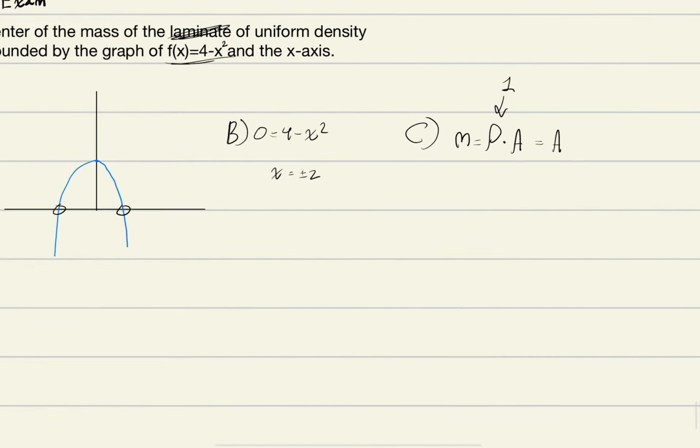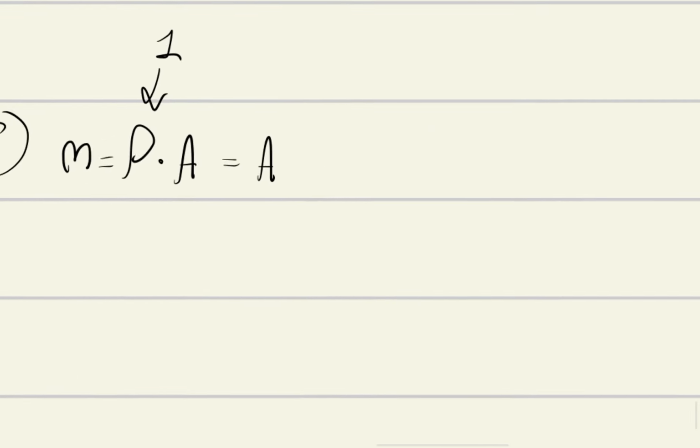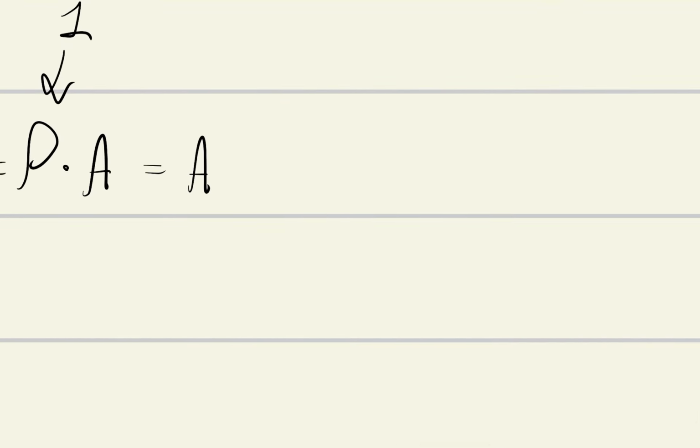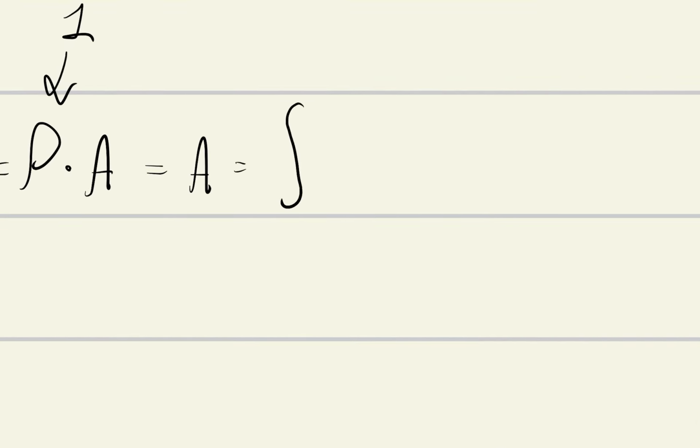To find the area of this, which would be this, all we have to do is take the integral from -2 to 2 of the function, which was 4 minus x squared dx.